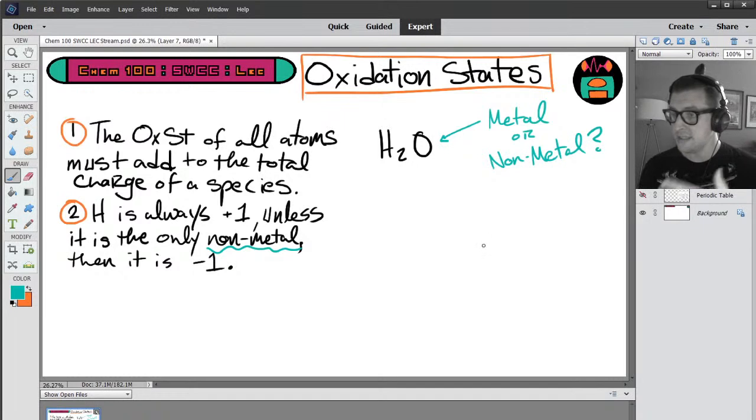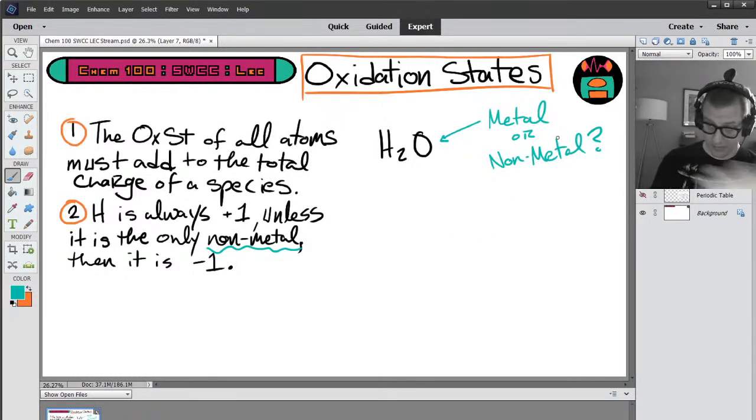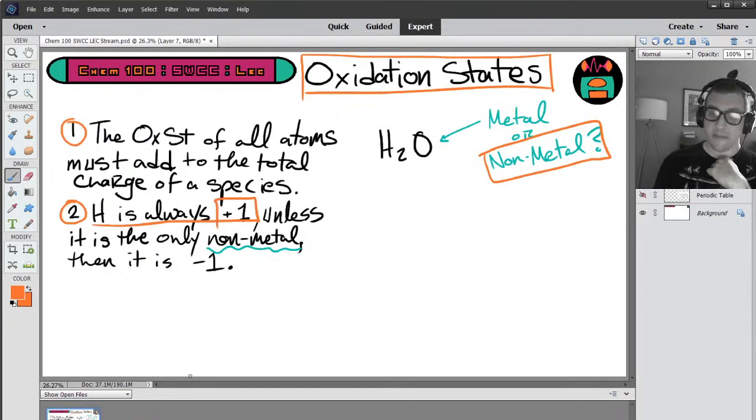And the answer is, when you look at the periodic table, it is a non-metal. Because it's a non-metal, that means hydrogen is going to have an oxidation state of positive 1.